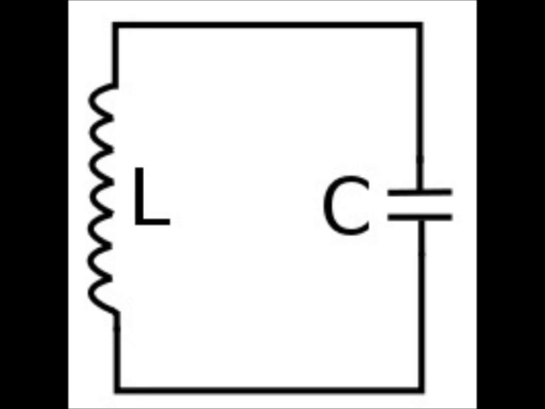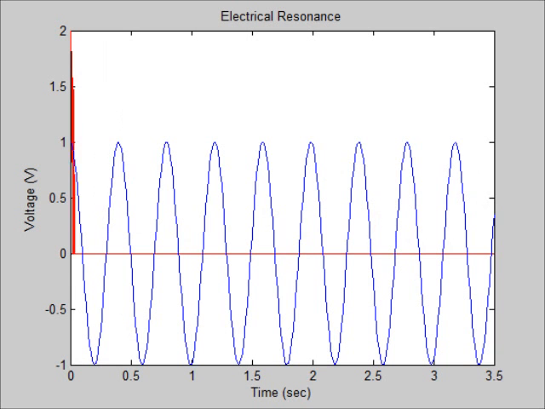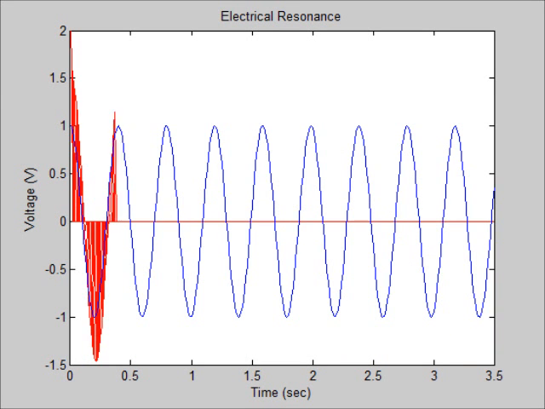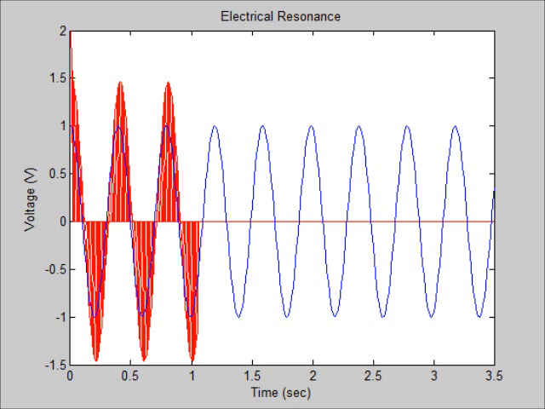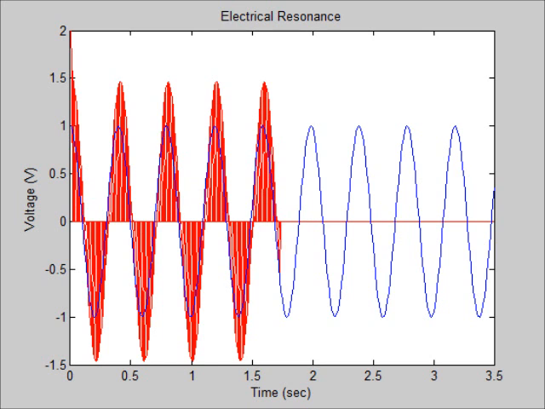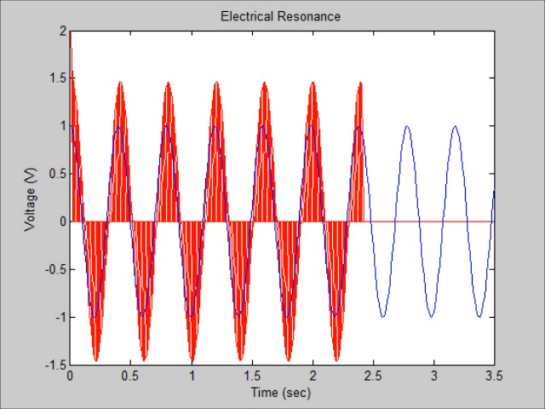I just chose to look at a simple LC circuit, so there's no resistance, so there's no damping, and there's also no input frequency. As you can see, resonance is occurring because the output, which is in red, has a higher amplitude than the natural input frequency into the circuit, which is in blue.